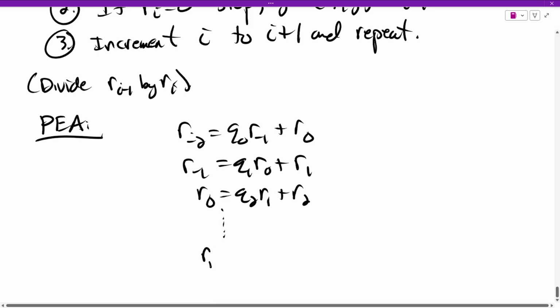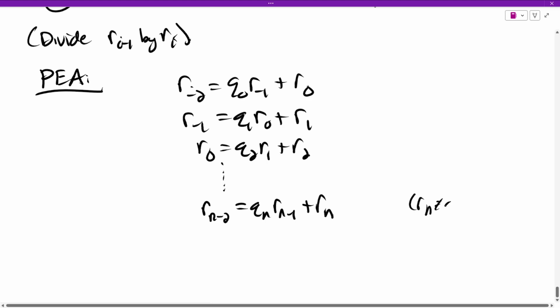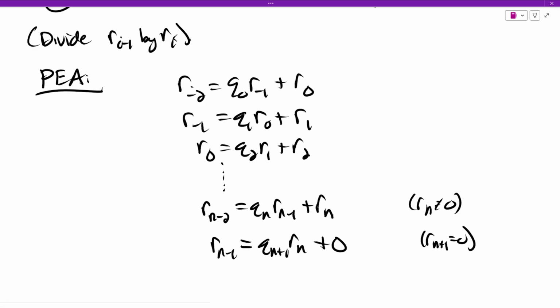And eventually what you're going to get is that when you divide r_{n-2} by r_{n-1} with remainder r_n, let's suppose here that r_n is not 0, when you do the next step, you get 0. That is, r_{n+1} is 0. All right. So the GCD of f and g is right here. It's this r_n.